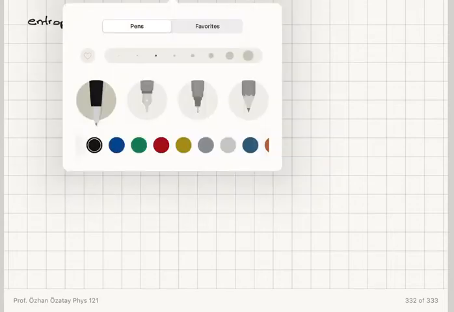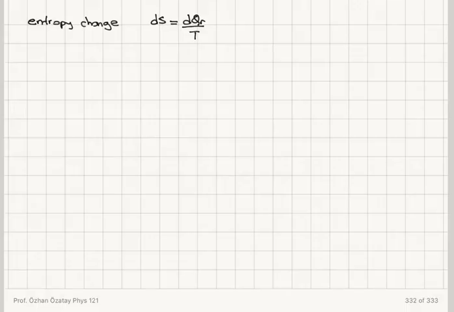So we're looking at the heat added to the system in a reversible isothermal process where the temperature is T, and this is going to change the entropy by an amount dS, so that if you calculate the total entropy change in the system from the initial state to the final state, this will be the integral of dS.